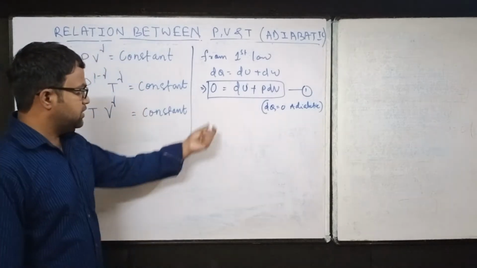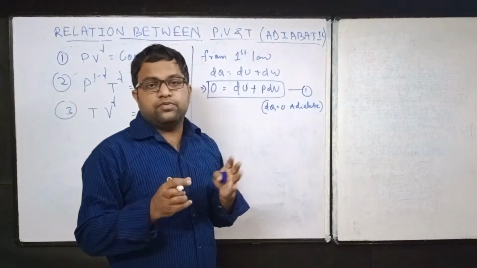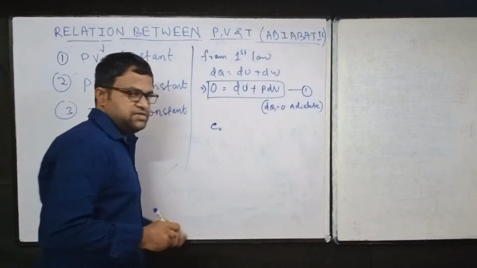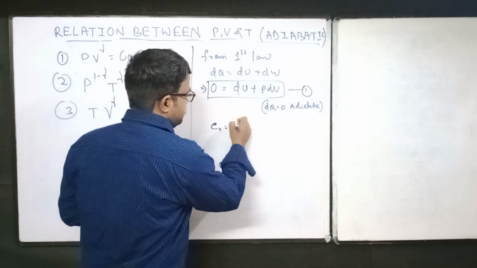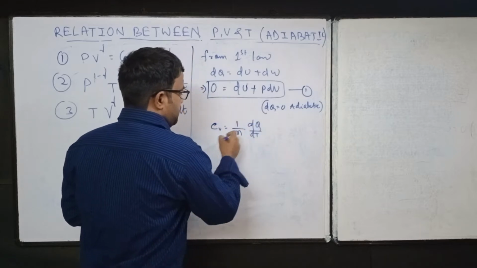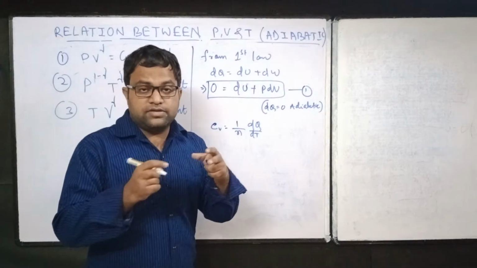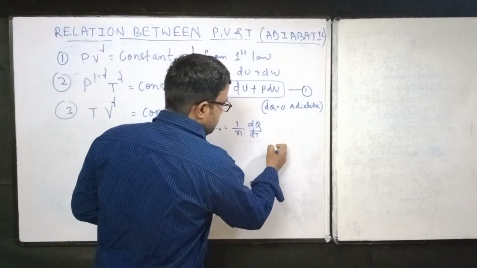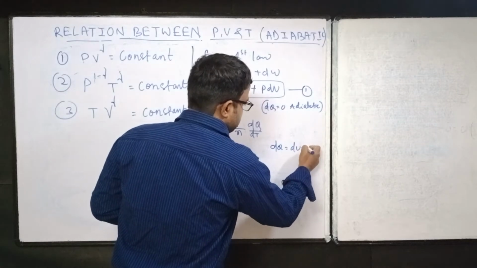Right? Now we know that if we keep the volume constant, then from the definition of specific heat capacity at constant volume, Cv we can write as 1 upon n dq by dT. Now if a system is having constant volume, then the first law of thermodynamics becomes dq equals du plus dw, that is pdv.